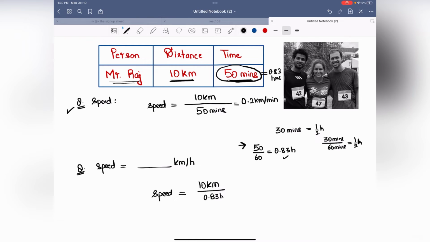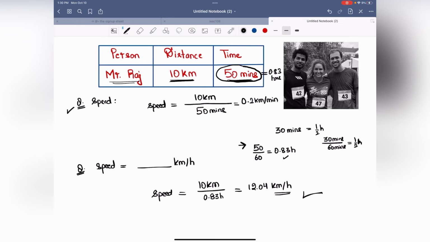H is the symbol for hours. And this gives you what? Well, 10 divided by 0.83 is 12.04. So 12.04 kilometers per hour. Be very careful about that. So that's one way to solve this question.